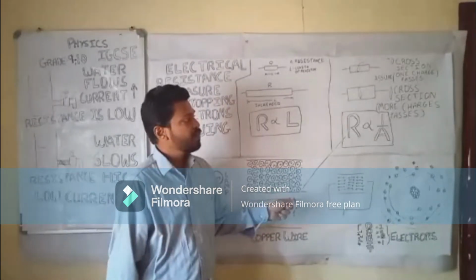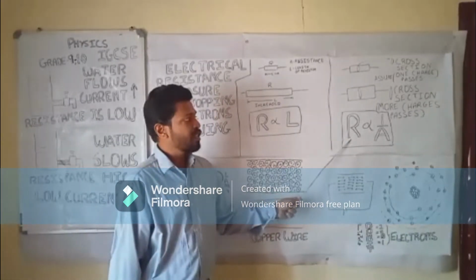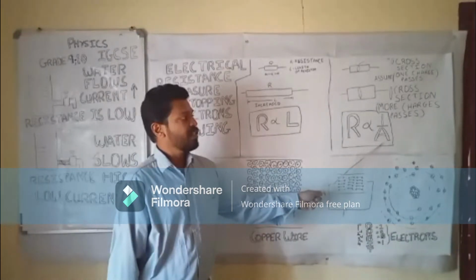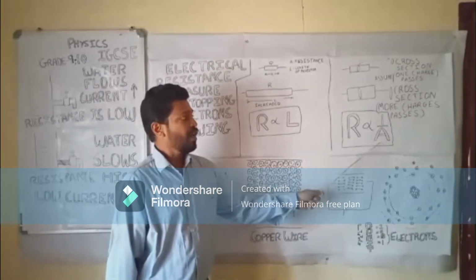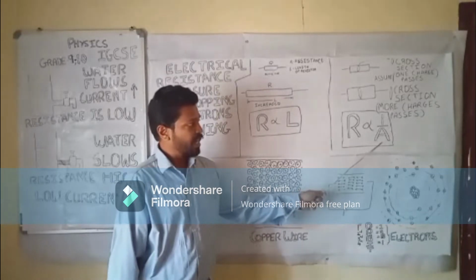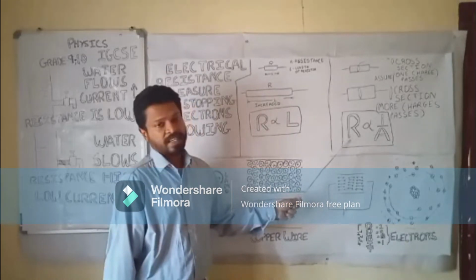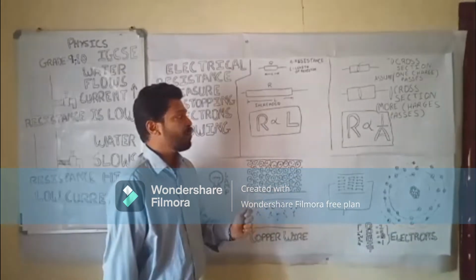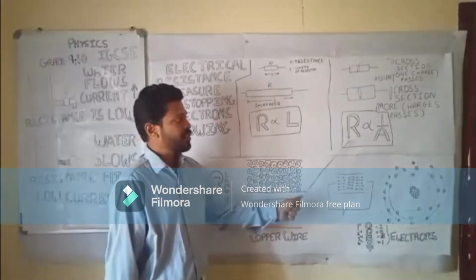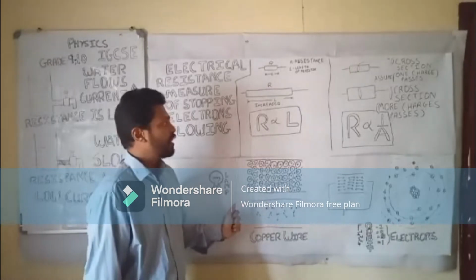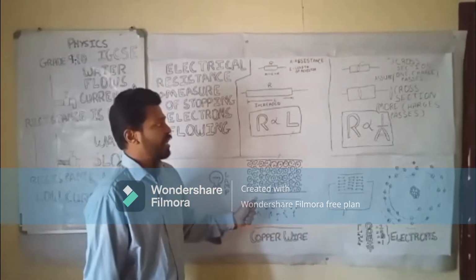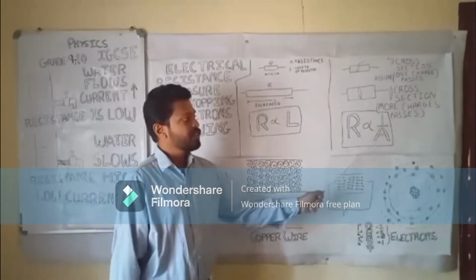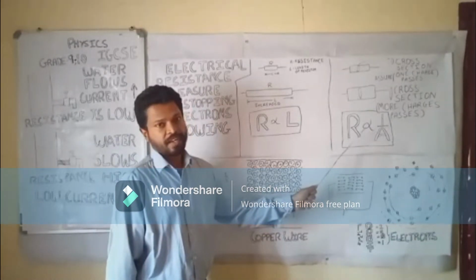Inversely proportional means when the resistance is increasing, the cross section area is decreasing, and the more the cross section area, the less the resistance. That is called inversely proportional. So you can see here what is directly proportional and inversely proportional. Let me tell you once again. Resistance is directly proportional to length, and resistance is inversely proportional to the cross section area.